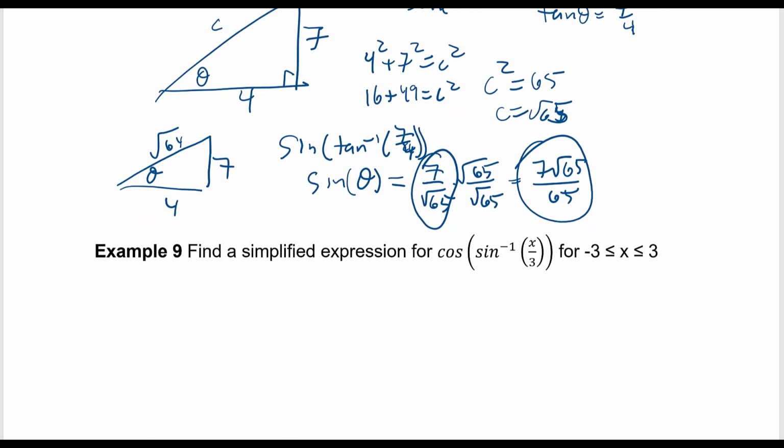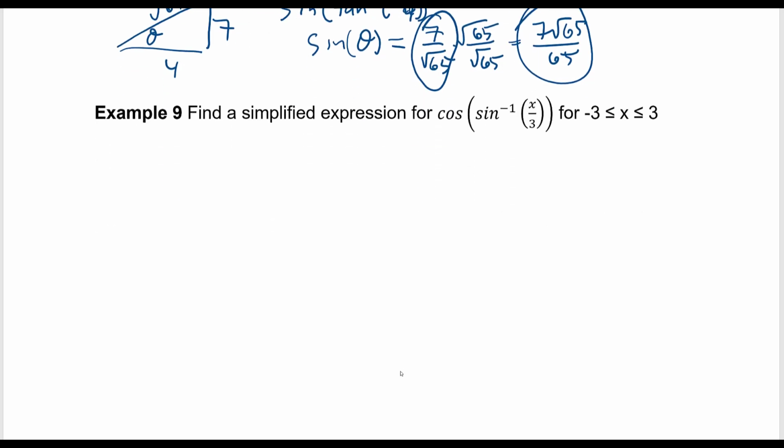Now the most enjoyable one is this, where we're going to find cosine of sine inverse of x over 3. These are kind of cool because we get an answer that has variables in it. Okay, so it's the same type of thing. So I will say sine inverse of x over 3 is equal to theta.